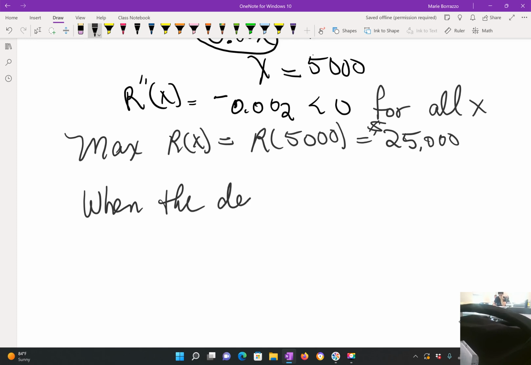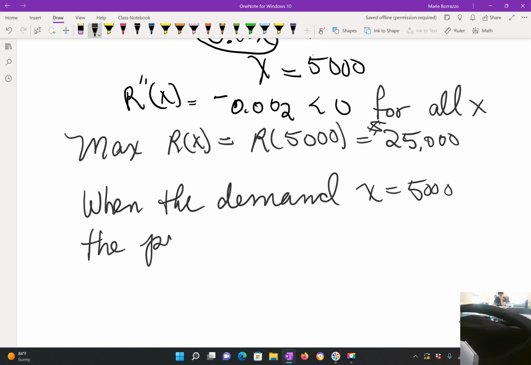And so we can then conclude when the demand is x equals 5,000, the price is 10 minus 0.001 times 5,000, which means that each pen is going to cost $5.